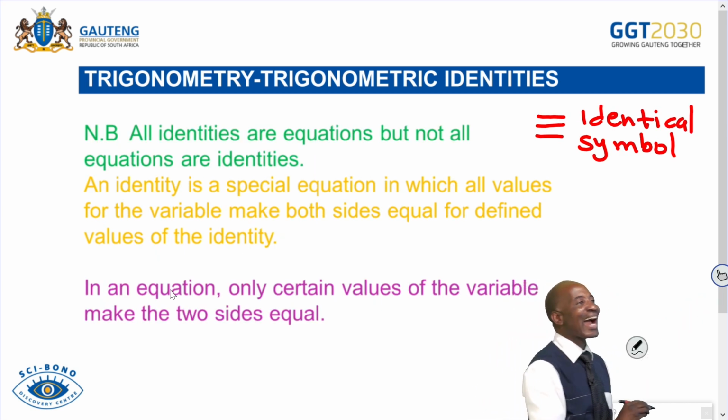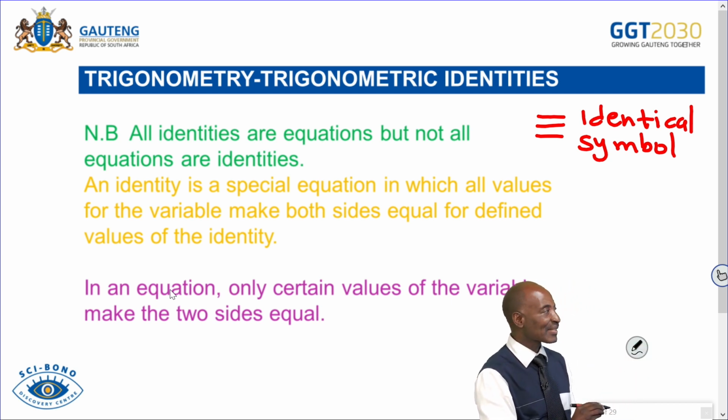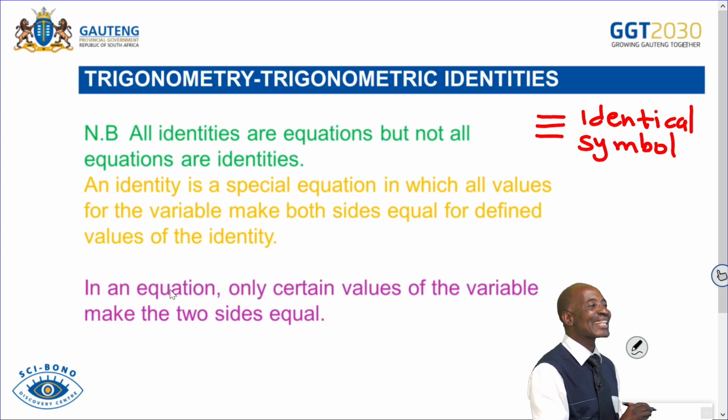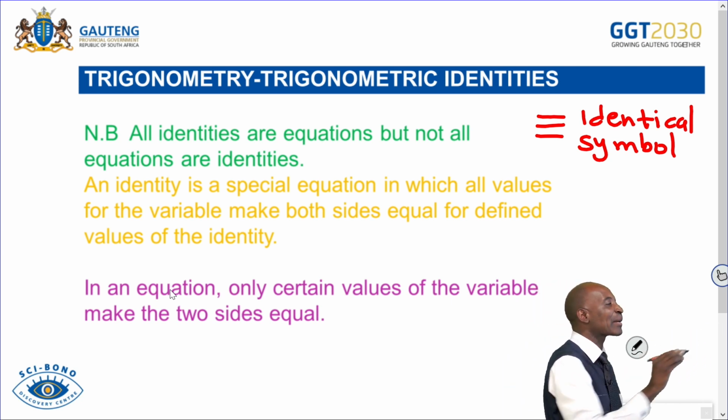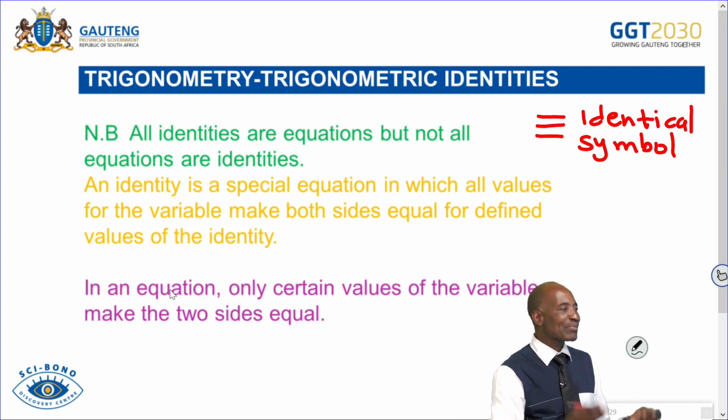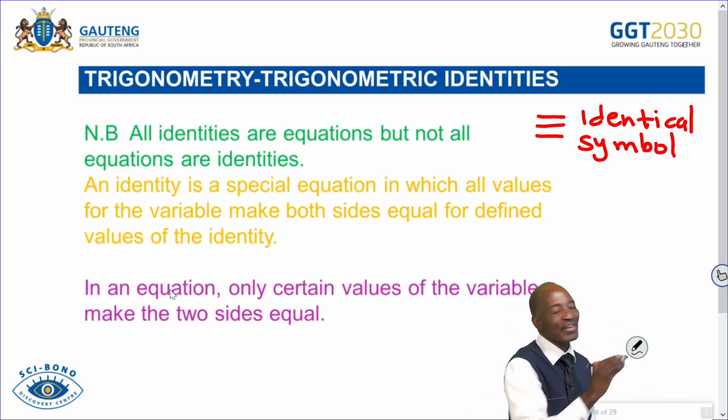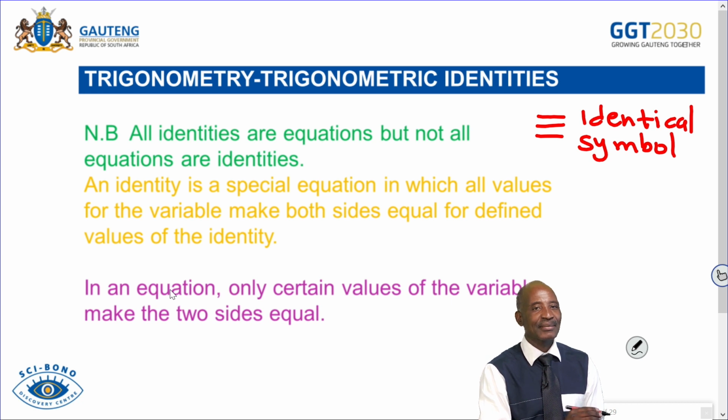All identities are equations, but not all equations are identities. An identity is a special equation in which all values for the variable make both sides balance for the defined values of the identity.